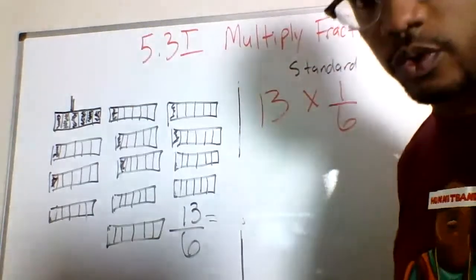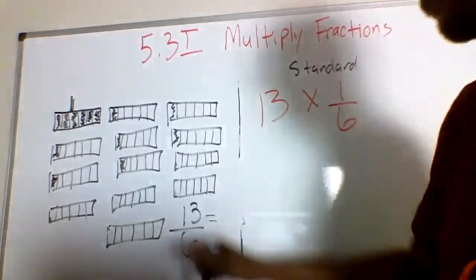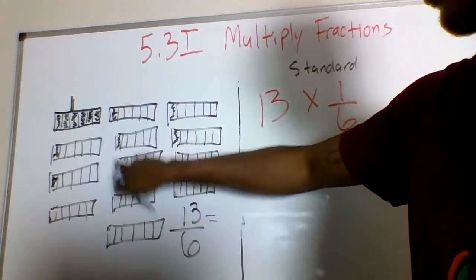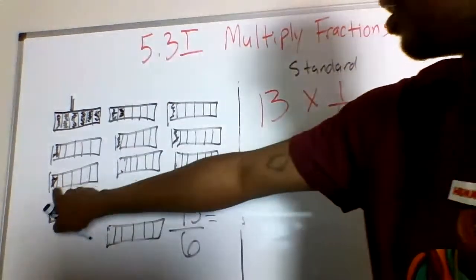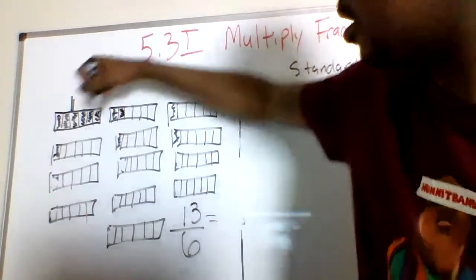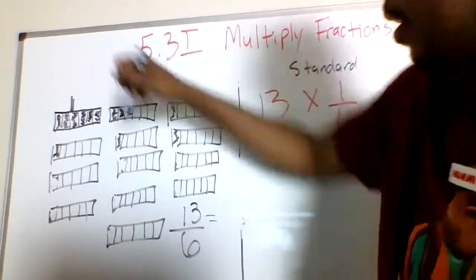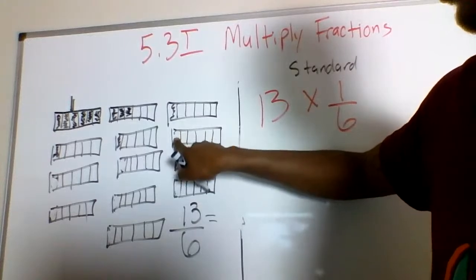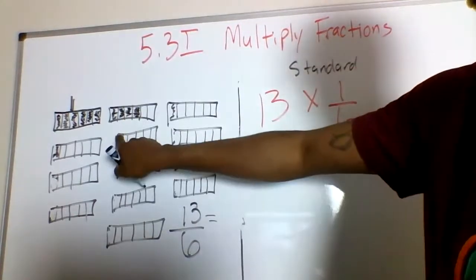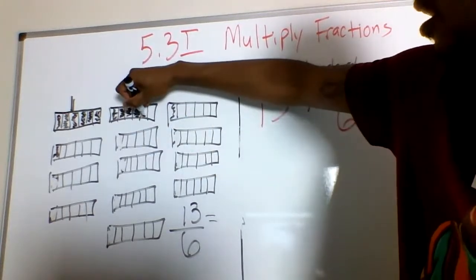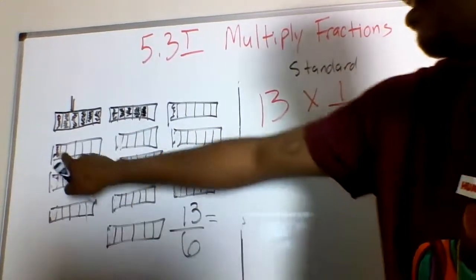That's one whole, right? And take off this 1/6, put it right there. This 1/6, put it right there. This 1/6, put it right there. That 1/6, put it right there.